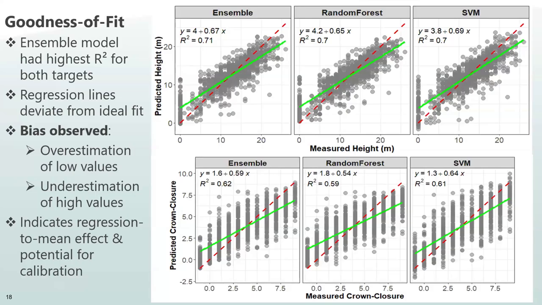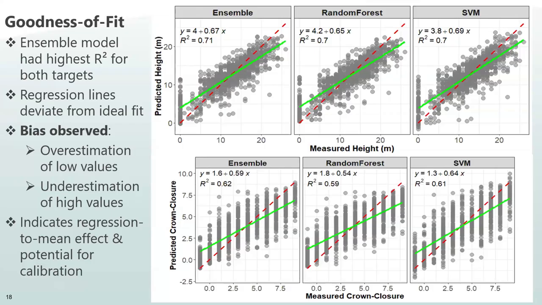These graphs show the goodness of fit, scatter plots of measured versus predicted crown closure and heights. We have a regression line, the green line, as well as what we call the one-to-one ideal fit.